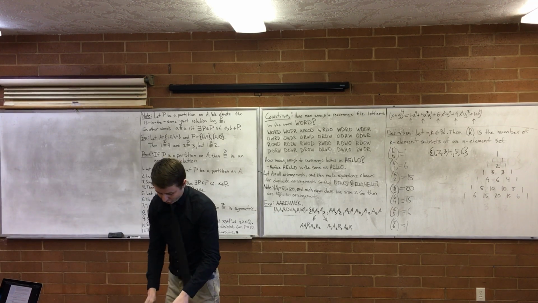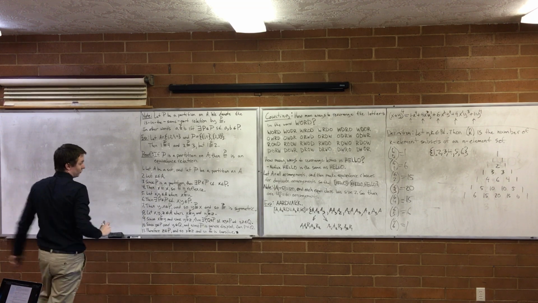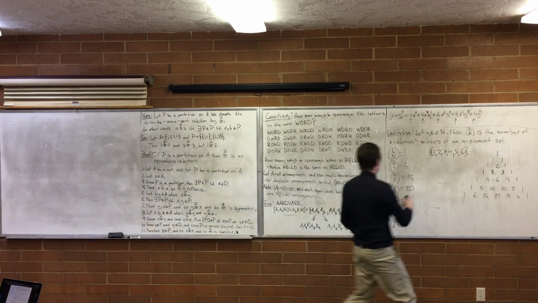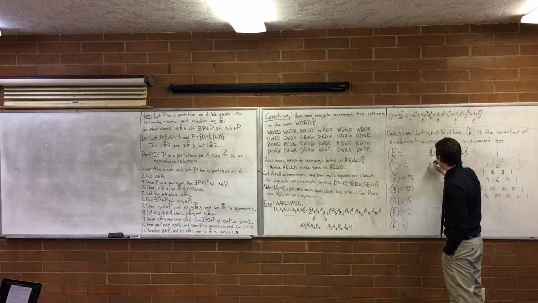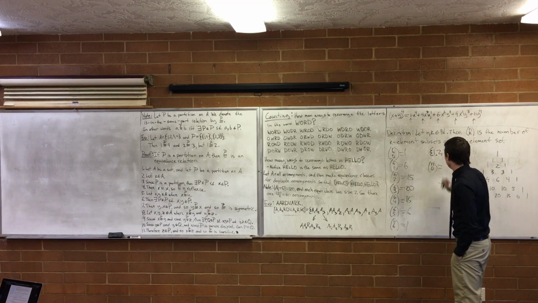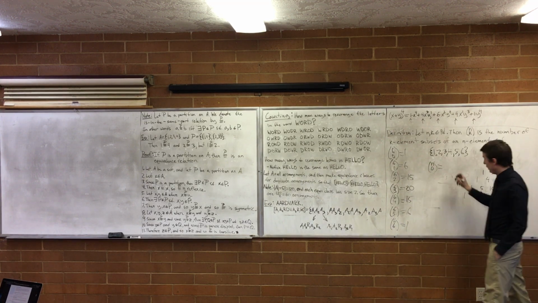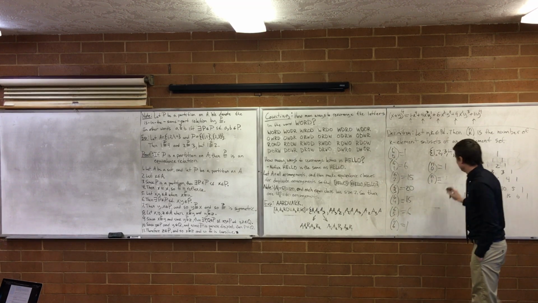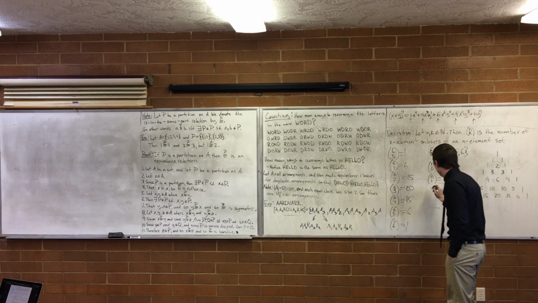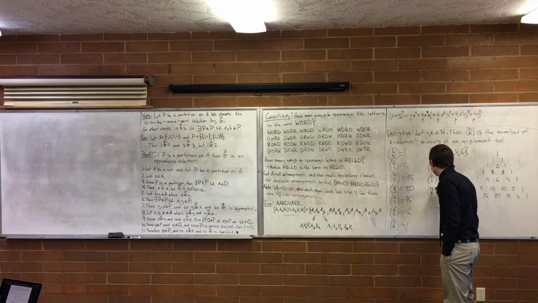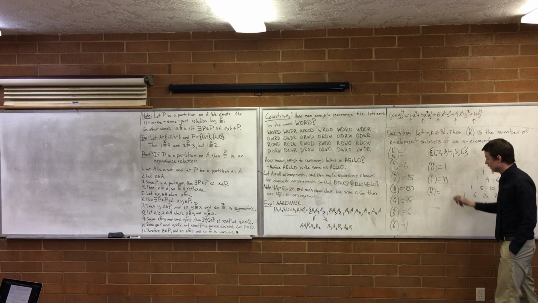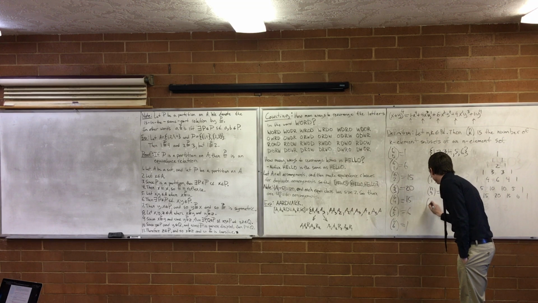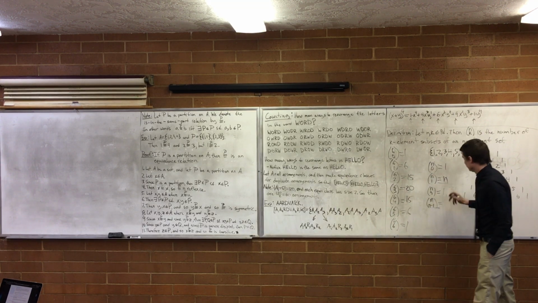All right, let's go over some special cases in general for the choose notation. Maybe I'll write it over here. Anytime I have n choose 0, it's always equal to 1. n choose 1 is always equal to n. n choose n is always equal to 1. And n choose n minus 1 is always equal to n.